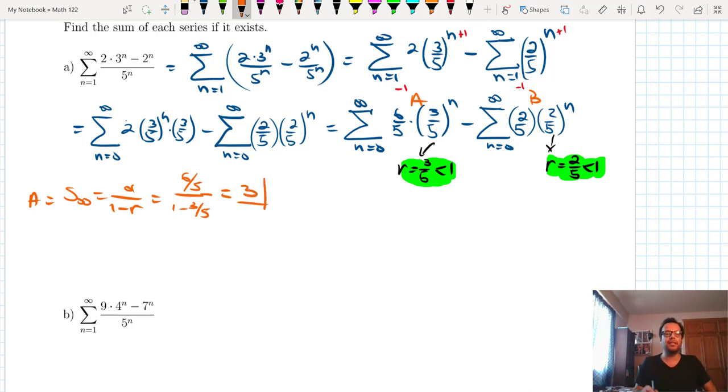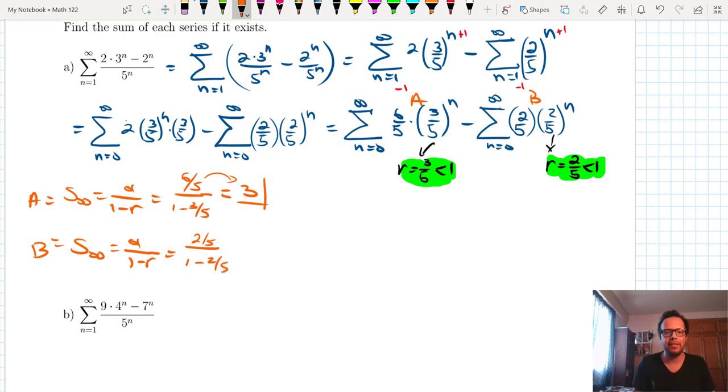I'll let you as an exercise to get the intermediate steps from here to this next step. And for B will be the infinite sum of same formula, a divided by 1 minus r, equals not 6/5, in this case 2/5, divided by 1 minus 2/5.